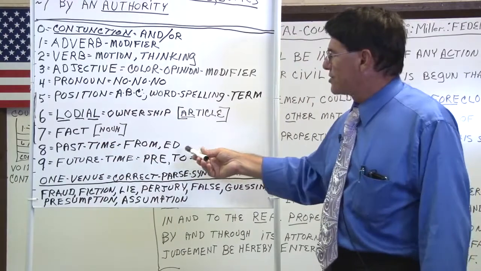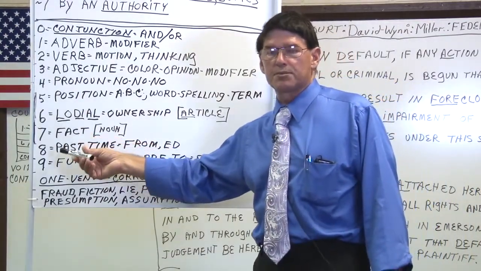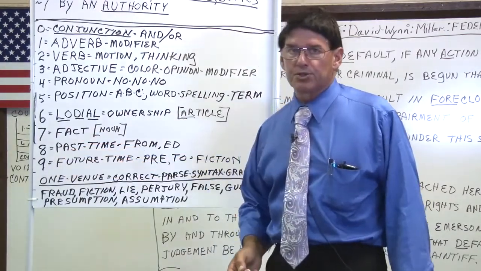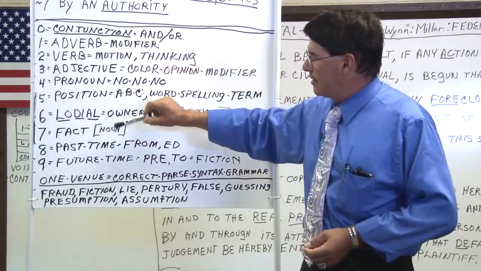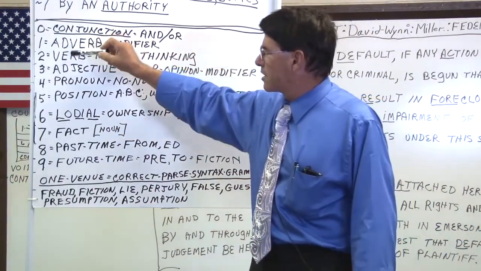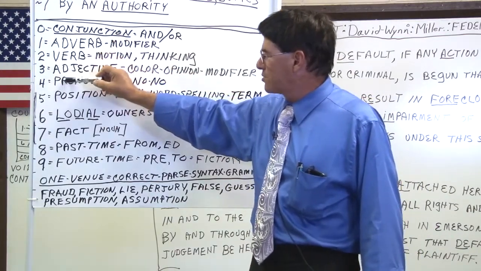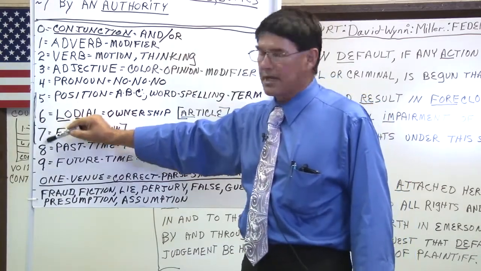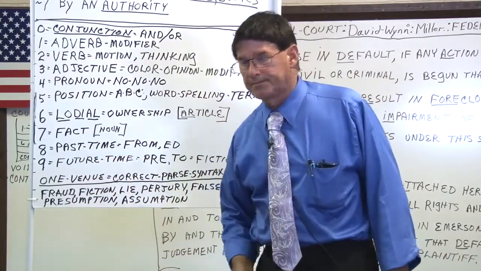The next factor was the past time and the future time. The past always comes before the future, and 8 always comes in front of 9. So it was a natural phenomena of the way that the numbers fall in, because an adverb comes before a verb, an adverb comes in front of an adjective, the adjective comes before the pronoun, the position, the lodial, and the fact are always kept together as a 5, 6, 7, and the past always comes in front of the future.